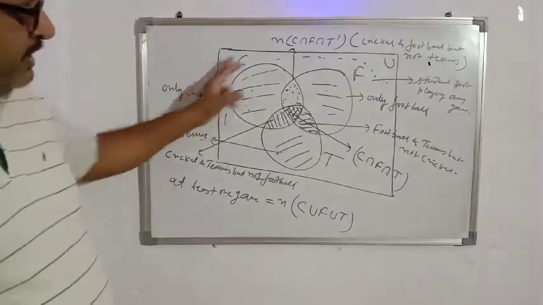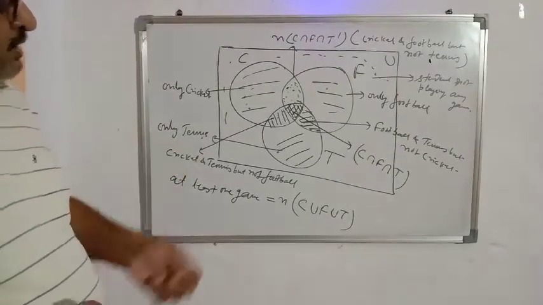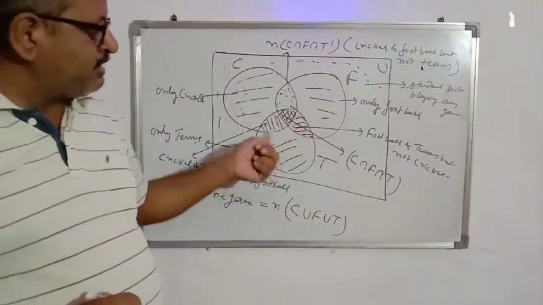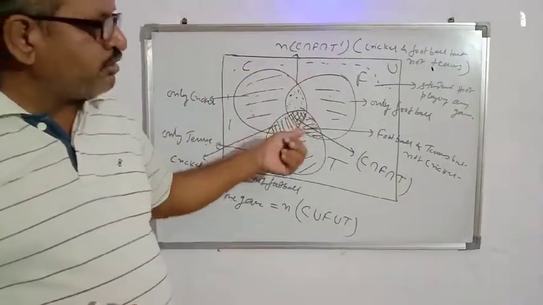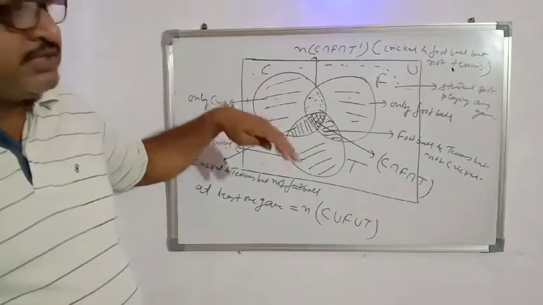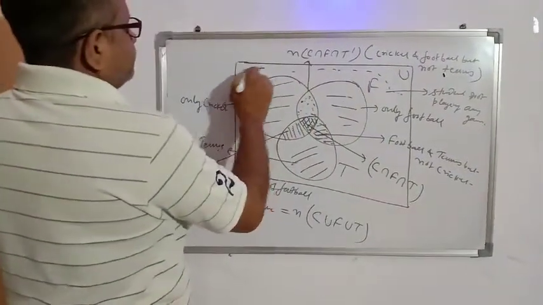So in this way, we can find the number of students who play either cricket or football or tennis, or the number of students who do not play any game. For that we will consider the region outside these three circles. So it is represented by what?